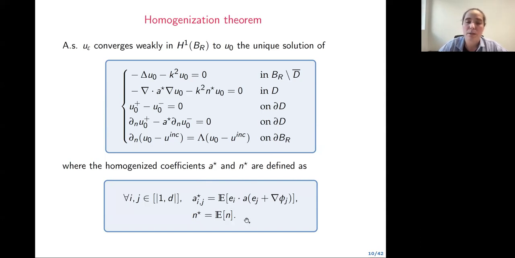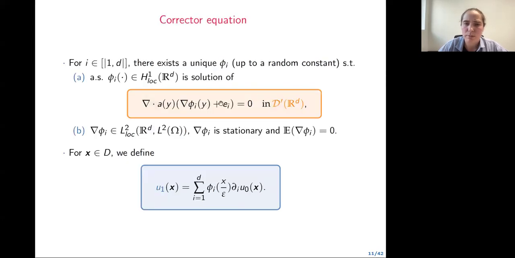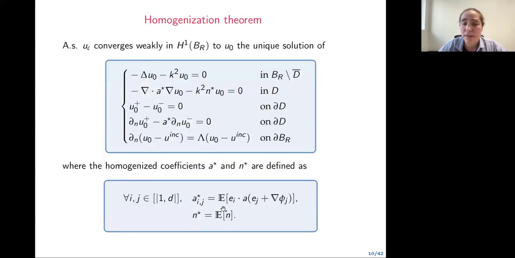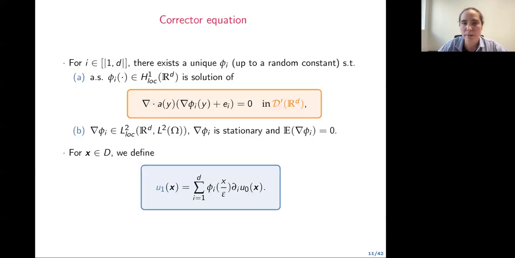The homogeneous coefficients, quite classically, are given as such. If you know periodic homogenization, it's basically the same thing, but instead of averaging over a period, you average with respect to the realization. So N* is just the average of N, and A* is computed through the function phi_j here, which is called the corrector.